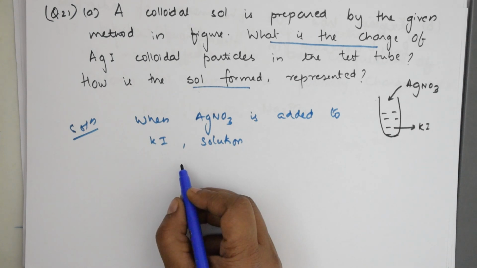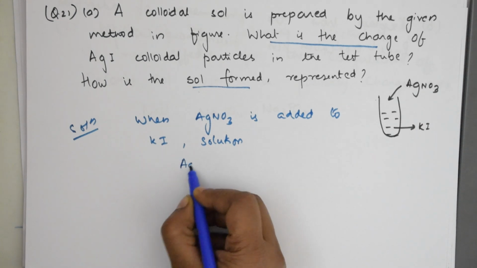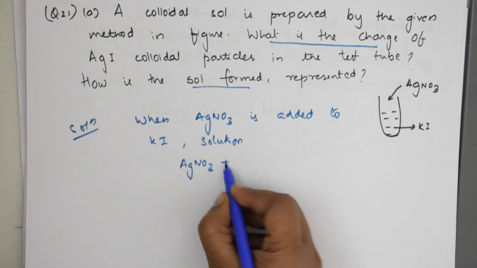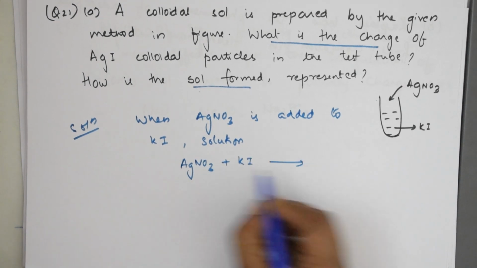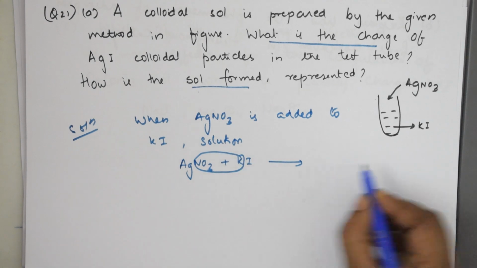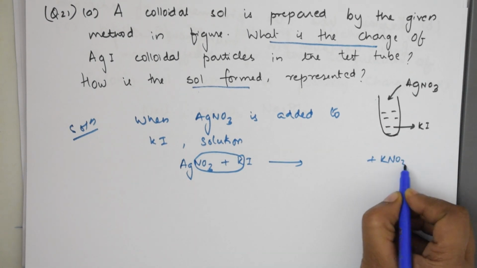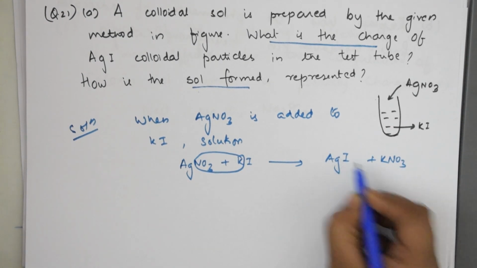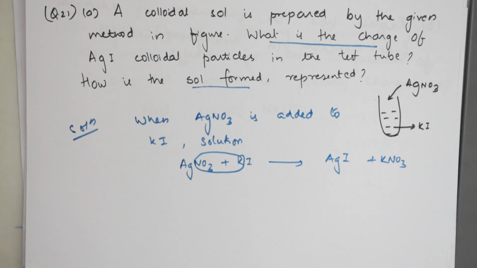Whenever AgNO3 is added to KI, KNO3 is one part and AgI is formed.